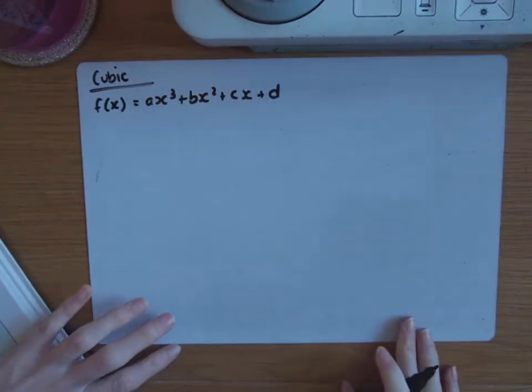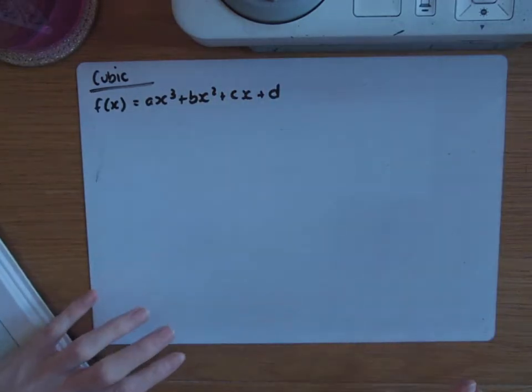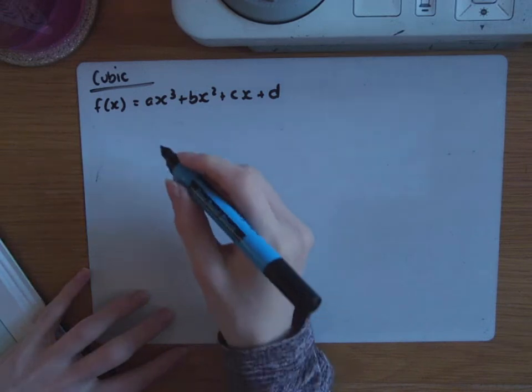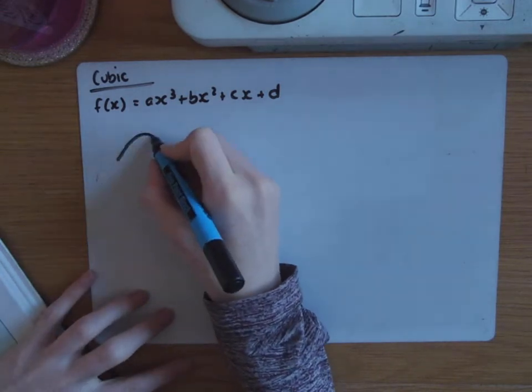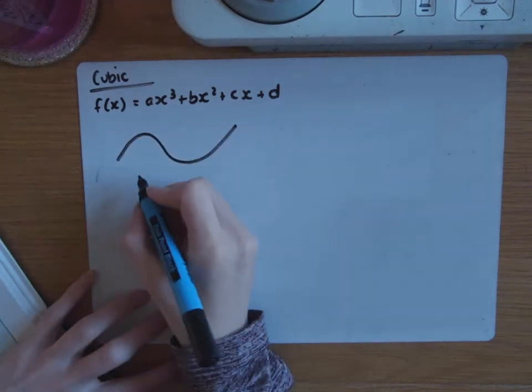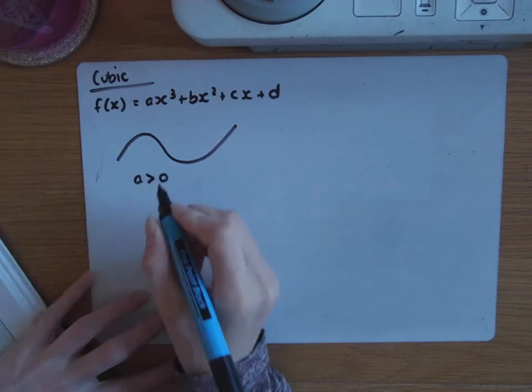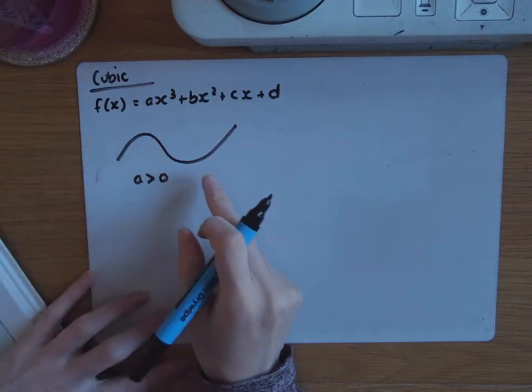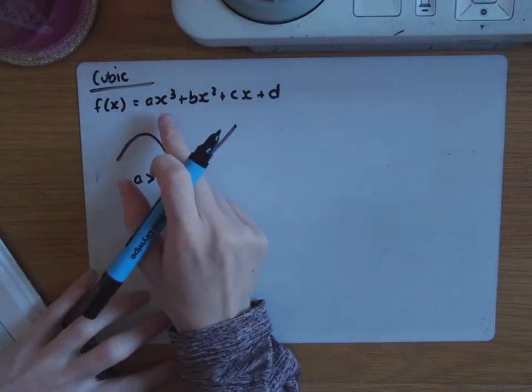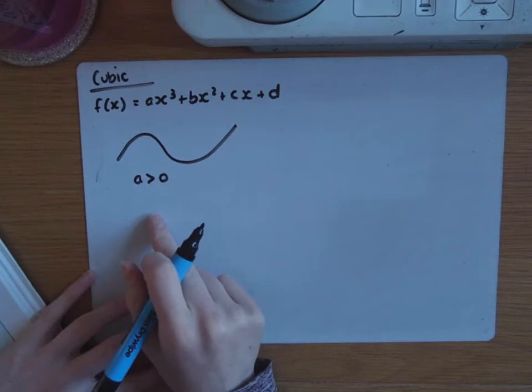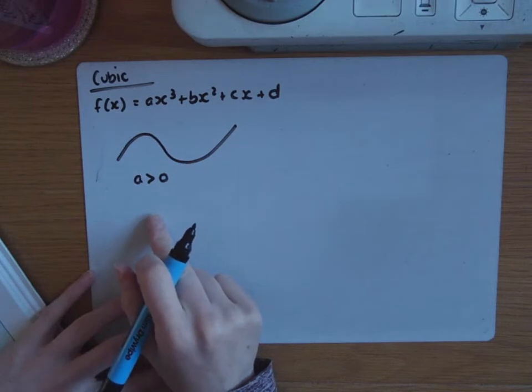So you have a cubic graph now. It's really important to learn these off. This is the shape it takes if your coefficient of x cubed is positive.